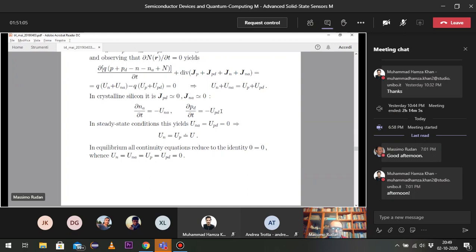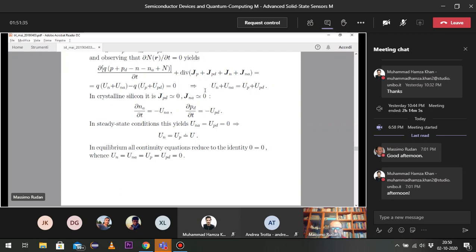Now we may distinguish between two situations. If we are in a situation of non-equilibrium, but steady state, that means that nothing depends on time, the two time derivatives here are zero. So UNA and UPD become zero, although we are in a non-equilibrium condition.